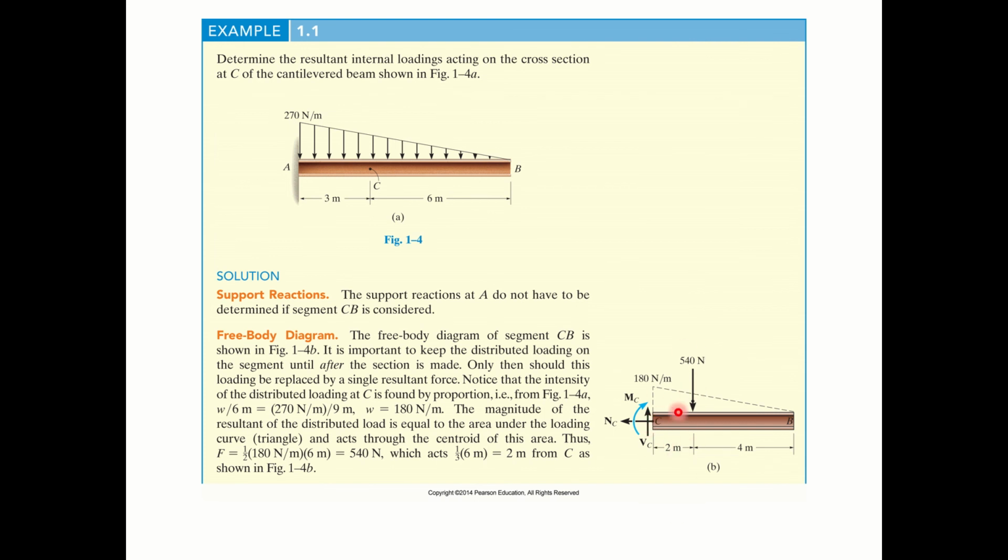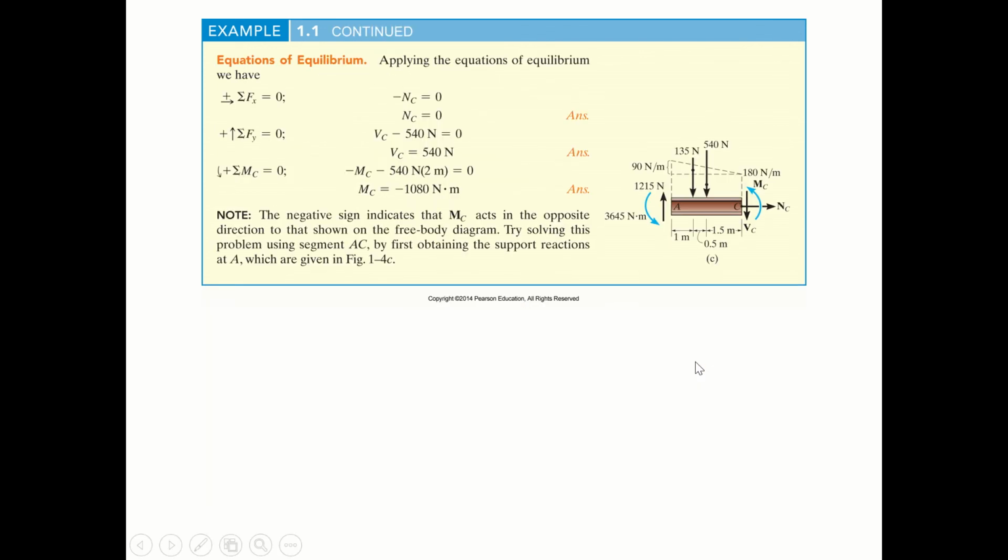The location of the resultant force causes the bending moment, which is 540 multiplied by 2. So the bending moment MC is equal to negative 1080.